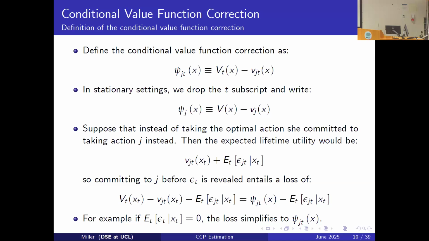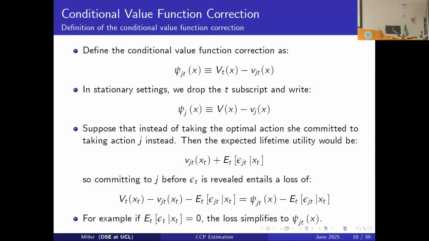you committed to action J regardless of your epsilon. And so in that case, your expected lifetime utility would just be your v_j as before and the expected value of the epsilon, as opposed to a selected value of the epsilon. Thinking about Hickman models, for example. So you're committing to J before epsilon, the disturbance vector, is revealed.